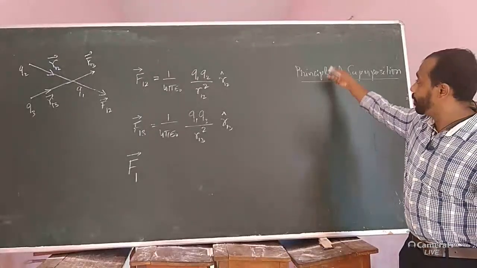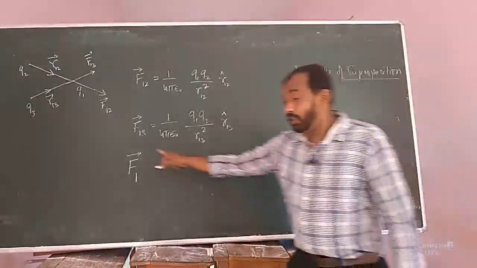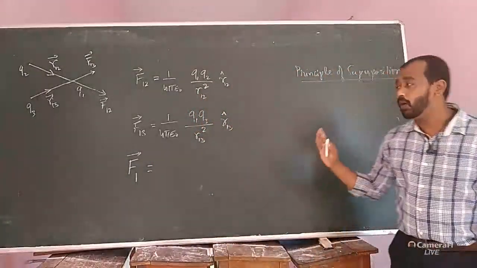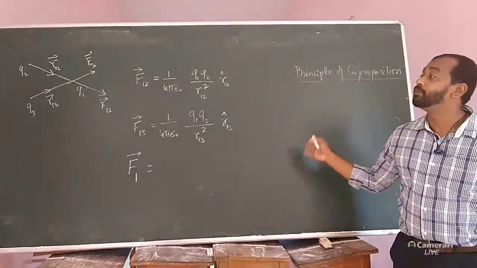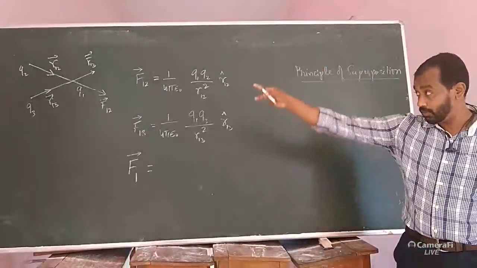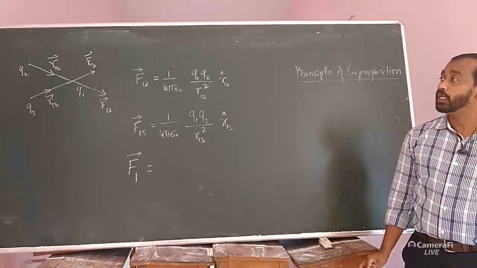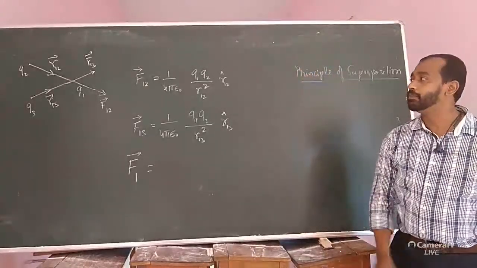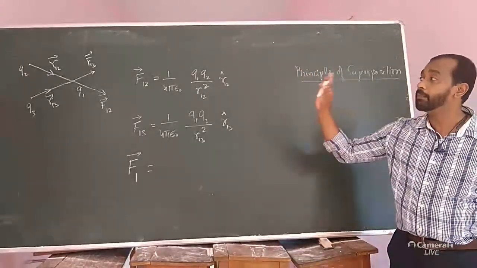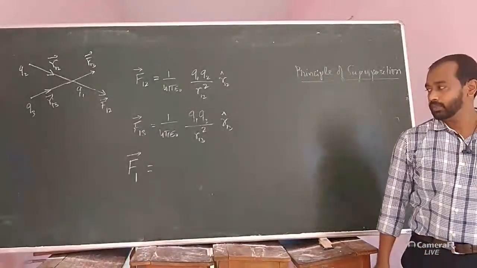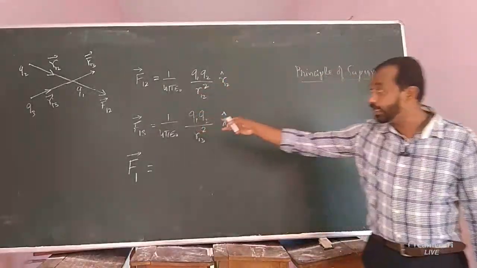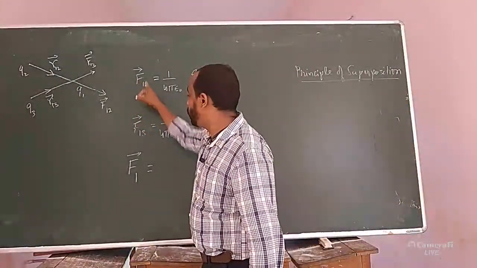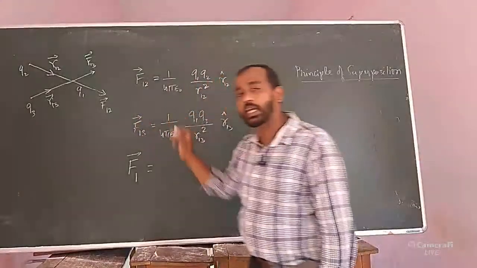According to the principle of superposition, the net force must be equal to the sum of the forces acting on the given charge Q1 due to the charges present in the system, as if they are present all alone here. So we have to add the individual forces, vector F12 and vector F13.